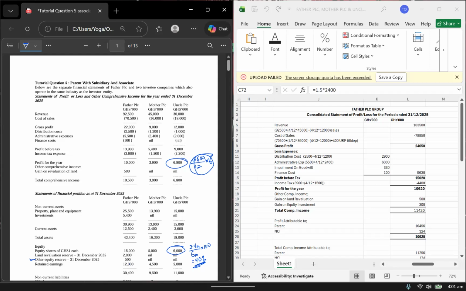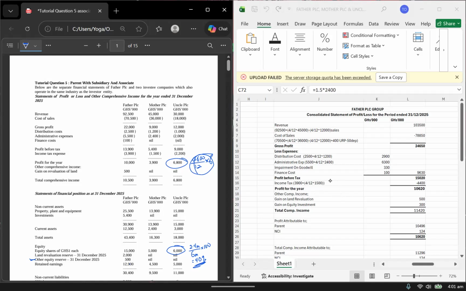So you see that this one we did 92,500 plus 4 out of 12. Post-acquisition, cost of sales, we did 4 out of 12. Distribution, 4 out of 12. Admin expense, 4 out of 12. Income tax too. So we do it for all of them.